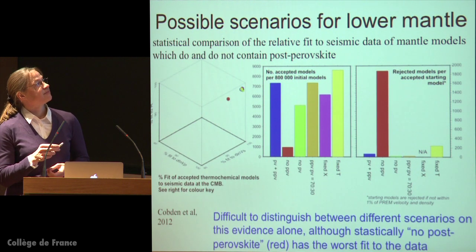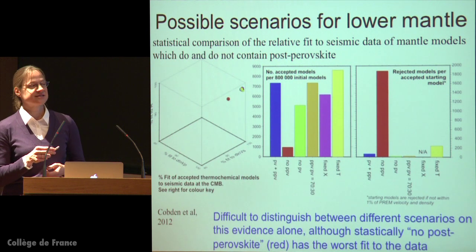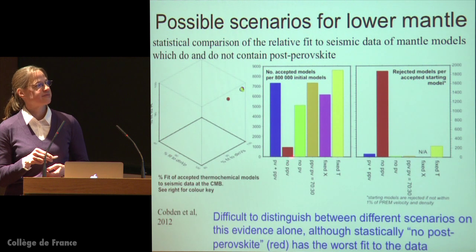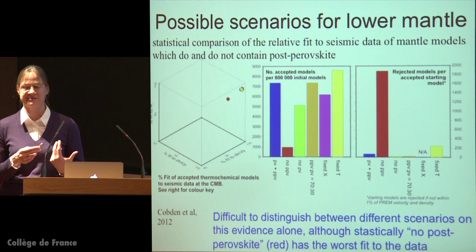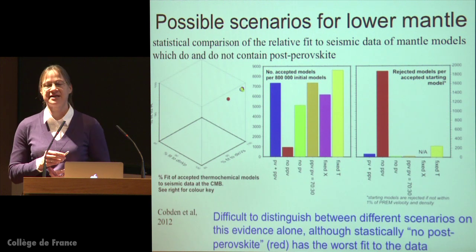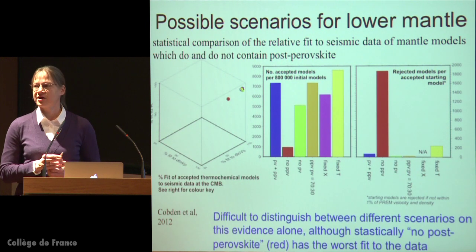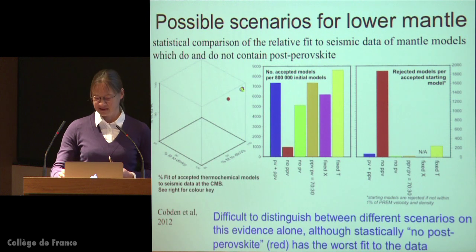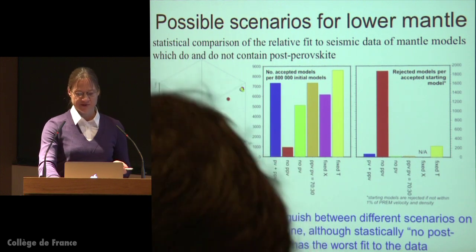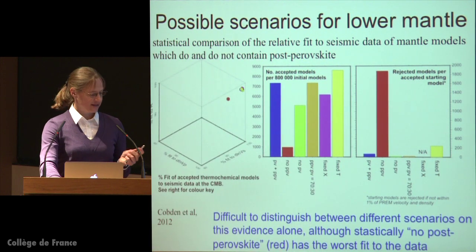Basically it's a statistical comparison, but what comes out is that a model without any post-perovskite has the least good fit and is mostly rejected. Most models are rejected in this case. Laura or Jeannot or other people can probably talk a bit more about that. But there seems to be sort of a need for post-perovskite in the Earth.